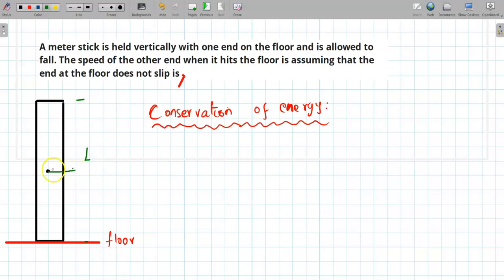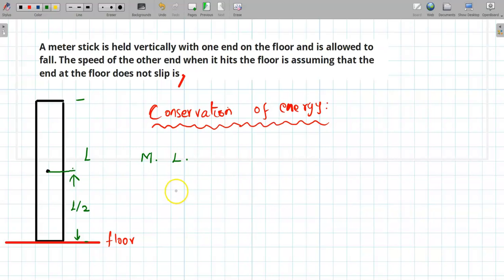Total mass seems to act at this point. So here is the center of mass. The potential energy will act at the middle point, L by 2. The mass of the stick is assumed as M, and L is the length of the stick.